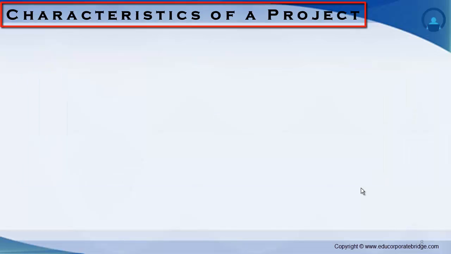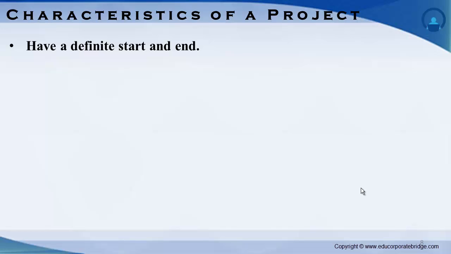Characteristics of a project. The temporary nature of the project doesn't mean that the project duration should be short. It means that a project has a definite start and end. Now, how do we define a project's end? Every project must have at least one objective.